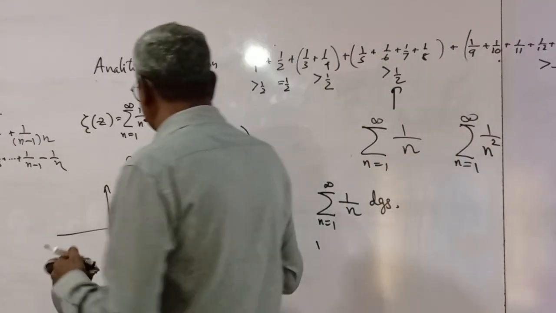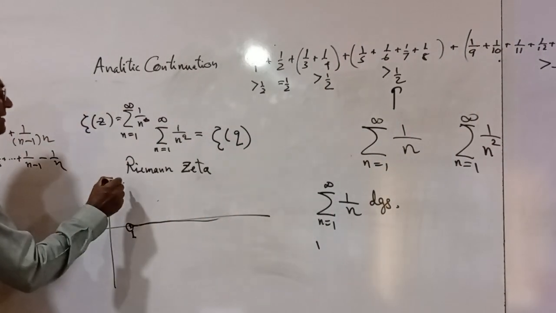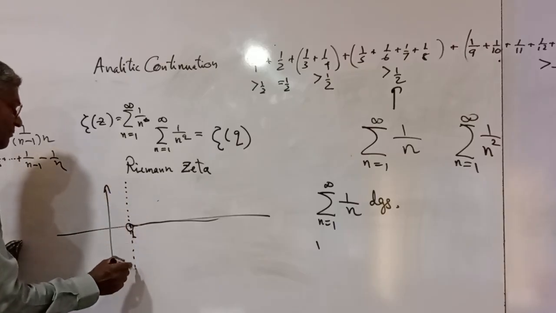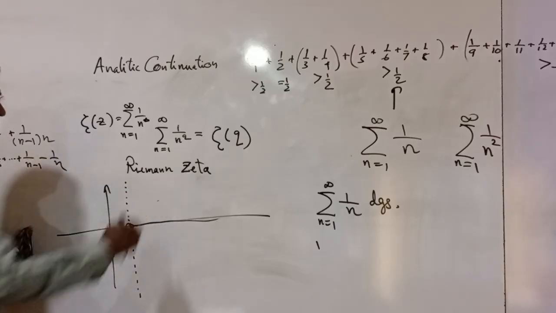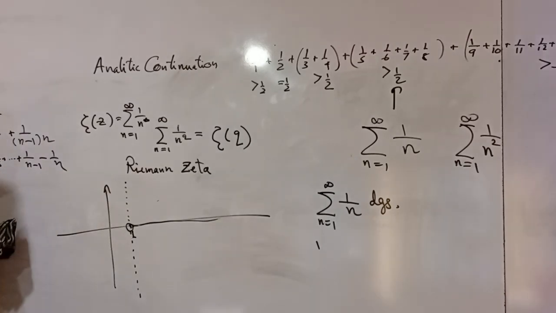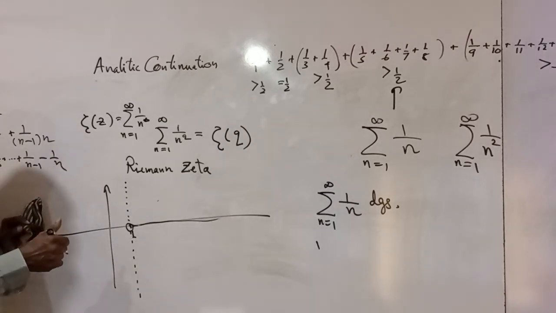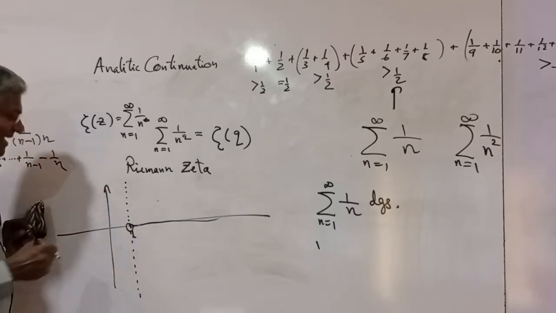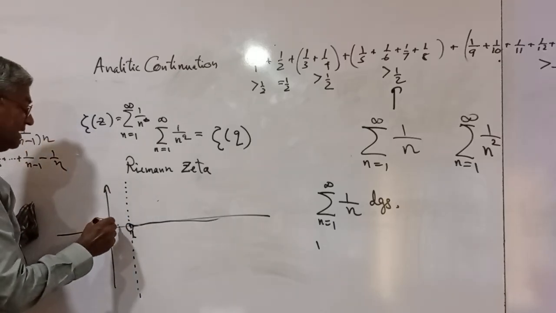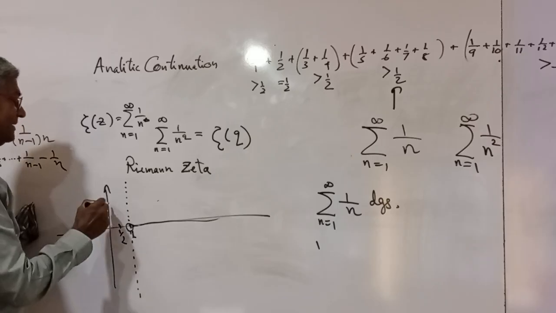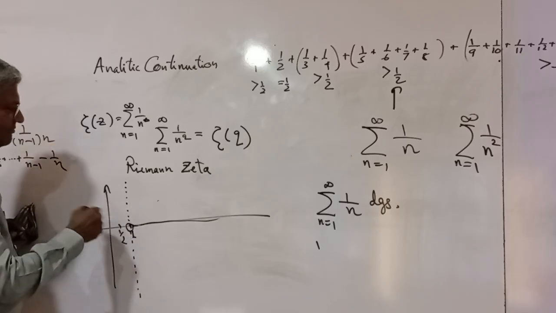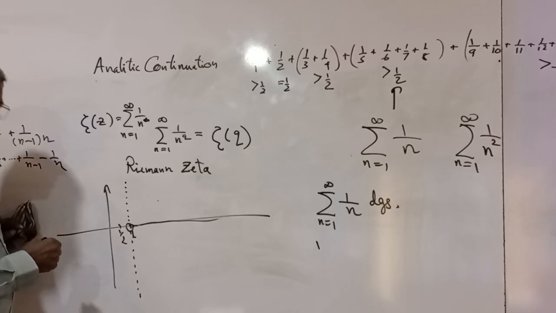And anyway, the function is something like this. Zeros of the zeta function. Can you imagine this is going to be 0? Sigma 1 over n to the q, you extend to the real. So here is 1/2. This thing is called the critical strip.